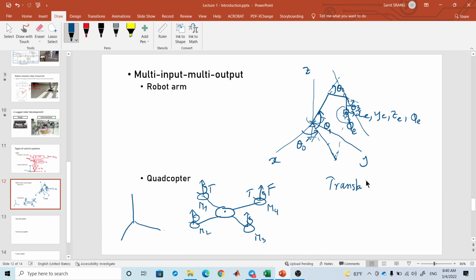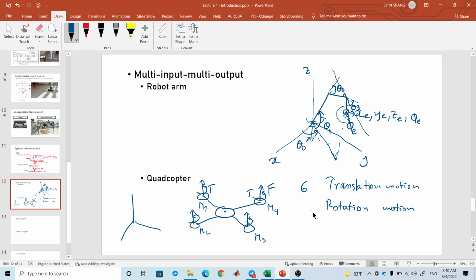Translation. And you have rotation. So the translation with position and velocity, then you have six states. Okay, this is 6 states.